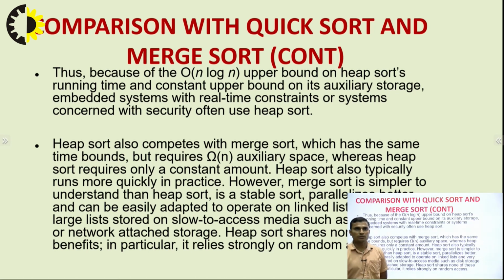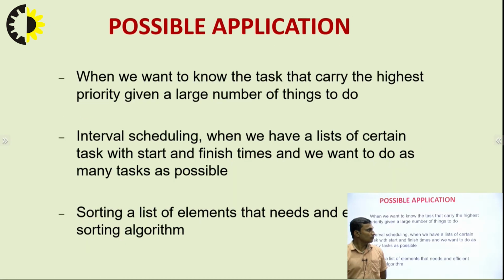Now when we talk about how storage complexity plays a role, in applications where we have a restricted amount of storage, like embedded systems or smaller devices, the storage is limited. So in those devices heap sort plays a very vital role. And when we talk about devices which have larger memory, in those cases we can omit the space requirement and switch to other faster sorting algorithms.